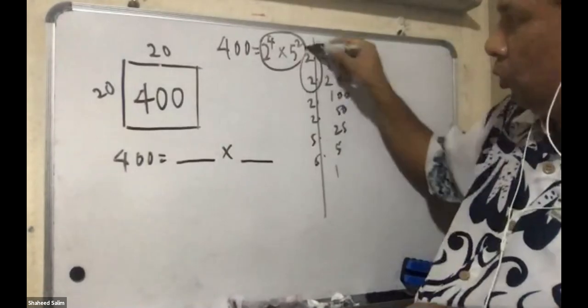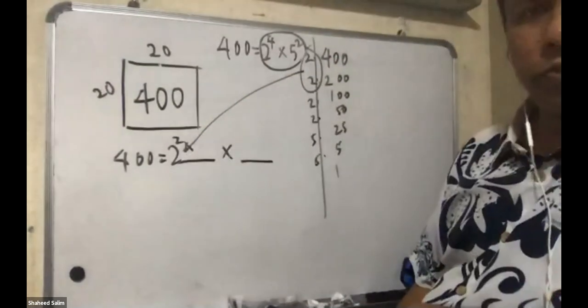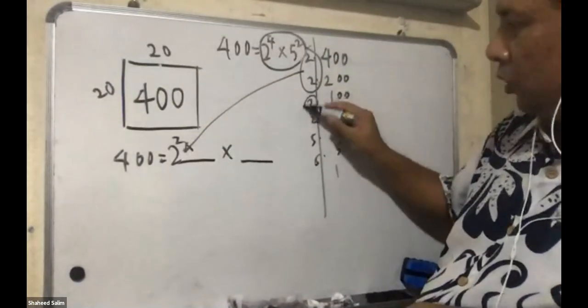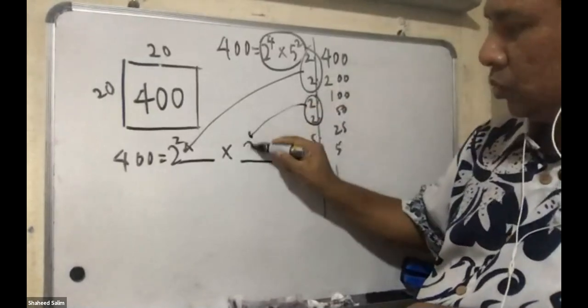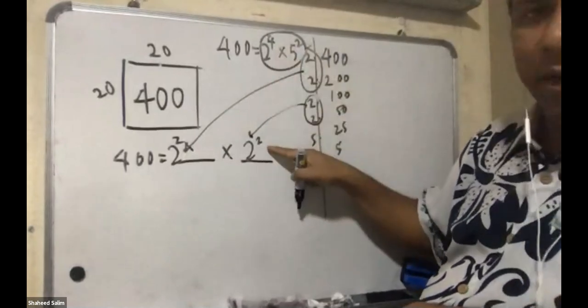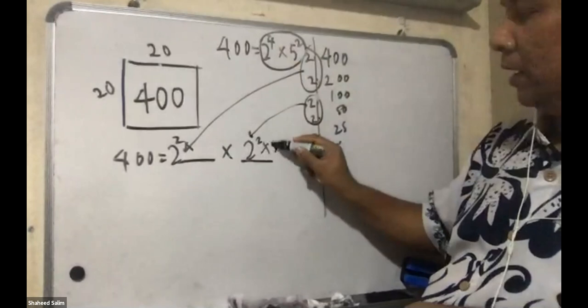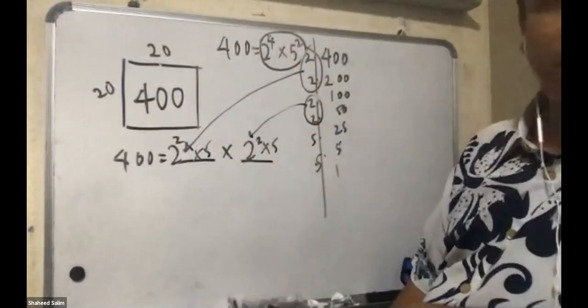So I can put 2 of the 2's here, which means 2 to the power of 2. I can put another 2 twos here, which is 2 to the power of 2. Can you see this 2 to the power of 4? I put 2 of them here, I put 2 of them here. And then there's 5, there's 2 fives, correct? I put 1 five here and 1 five here.